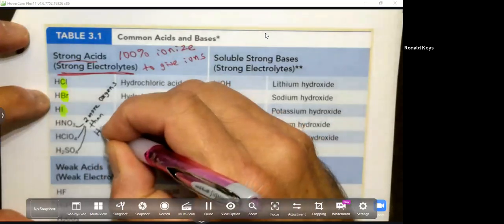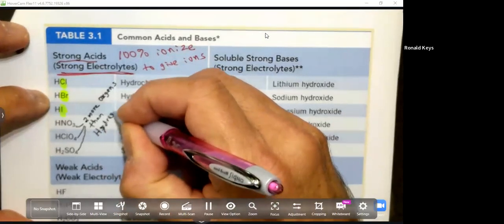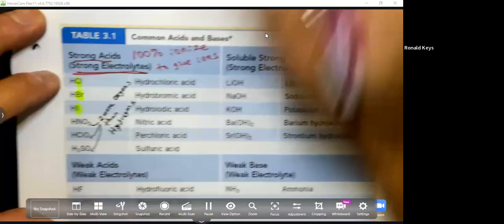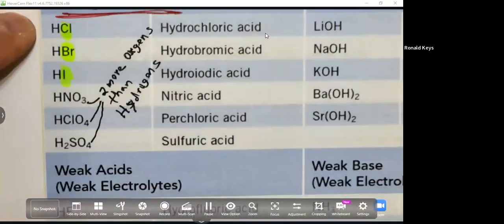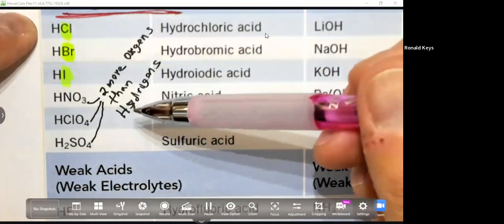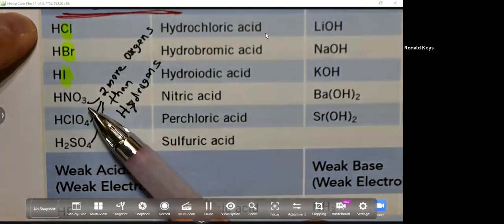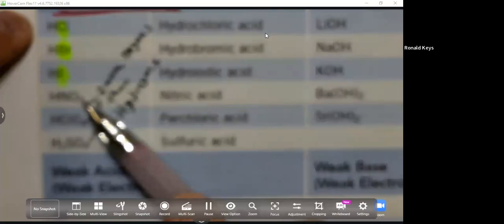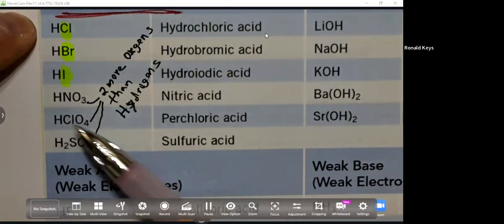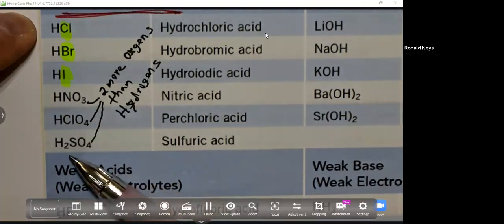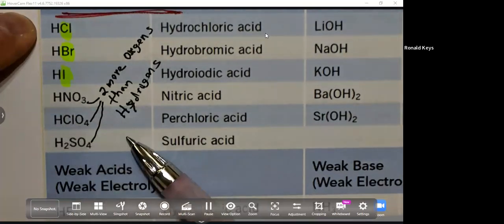Oxygens, hydrogens. Let me zoom in on that. In this case, you've got 2 more oxygen than hydrogen. Here you have 3 more oxygen than hydrogen, and here you have 2 more oxygen than hydrogen, right? That's the way to remember those.